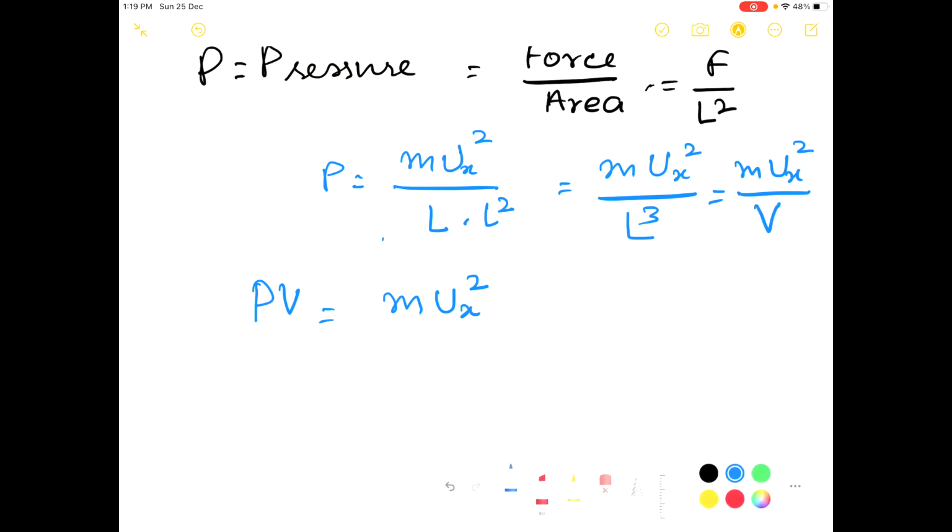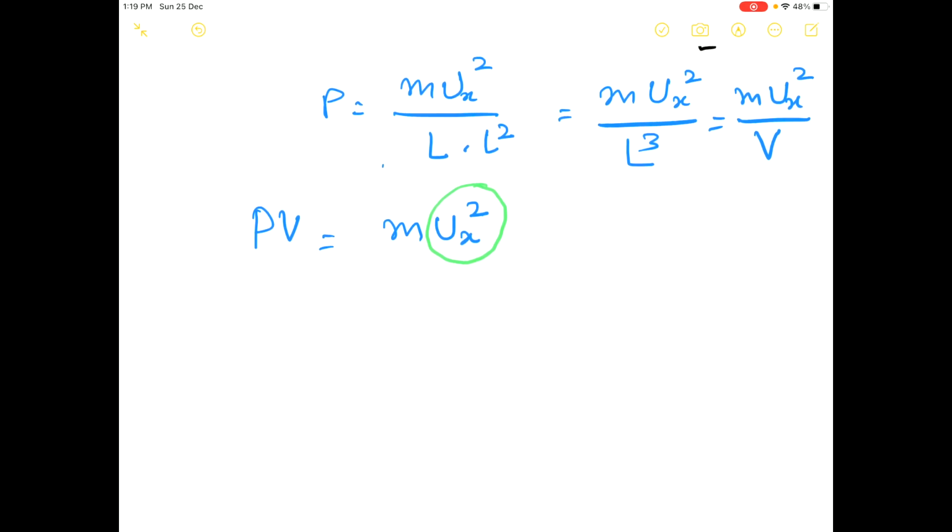Now let us see what happens next. We have taken the velocity of one molecule along one axis, only the x-axis. So we have to calculate the root mean square velocity, c square, which is equal to ux square plus uy square plus uz square, the squares of the velocities in all three directions.